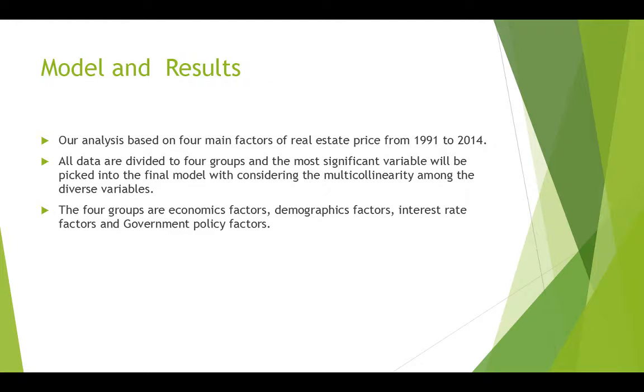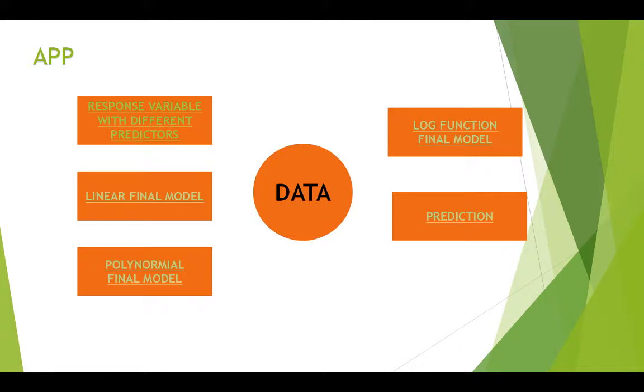All the data are divided into 4 groups, and the most significant variables will be picked into the final model, considering multicollinearity among the diverse variables. The 4 groups are the economic group, demographic group, interest rate group, and government policy group.